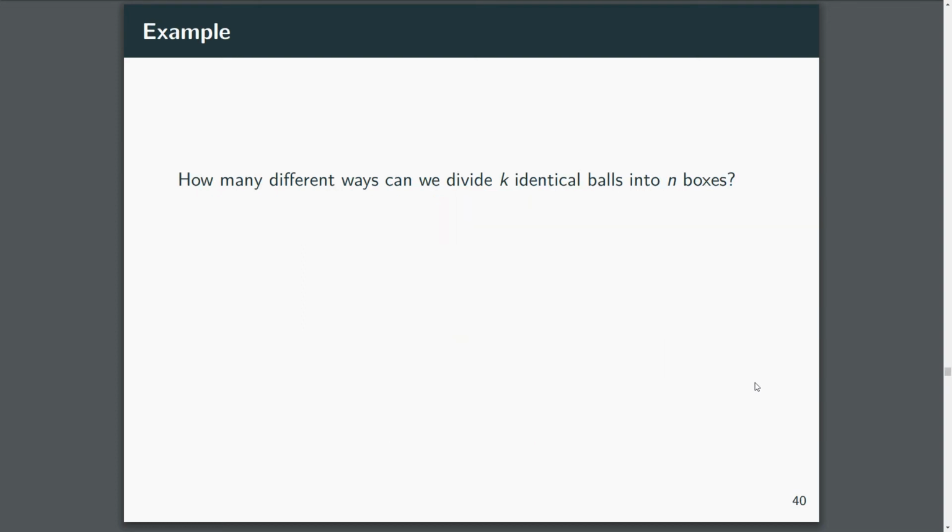Now, in how many ways can we divide k identical balls into n boxes? So this is the equivalent of finding the number of non-negative solutions to this equation. So the x's here represent the size or the number of balls we put into each box.